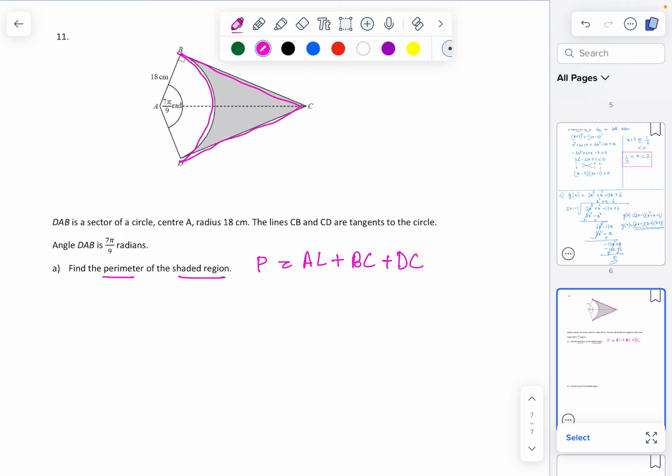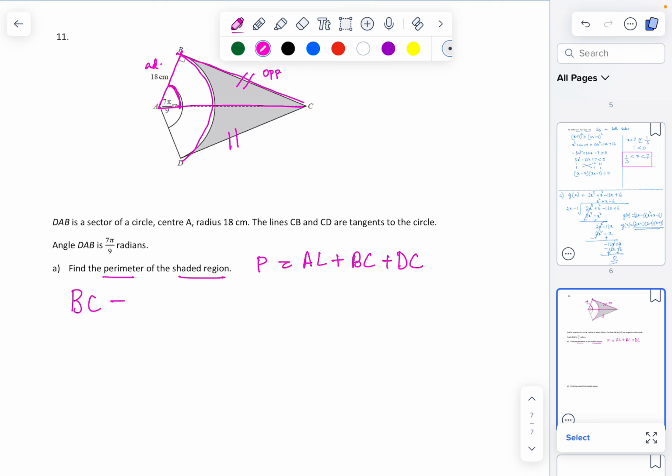CB and DC are tangents to the circle, so this is going to be equal to this. So let us try to find what is CB. Okay, so I will use this triangle and I will use SOHCAHTOA. So this is the angle, this is opposite, I need to use opposite, and this is adjacent, so tan.